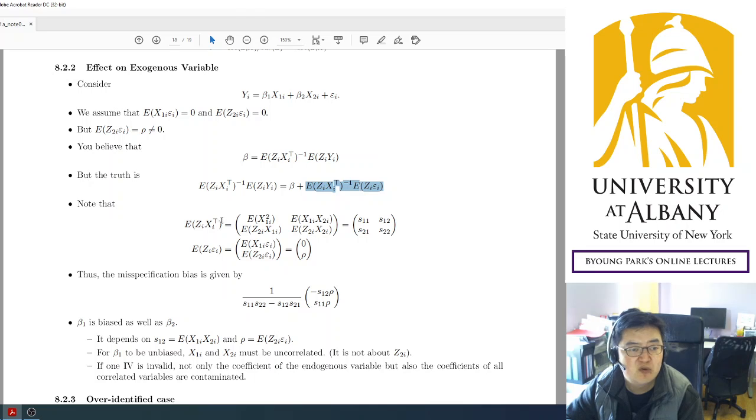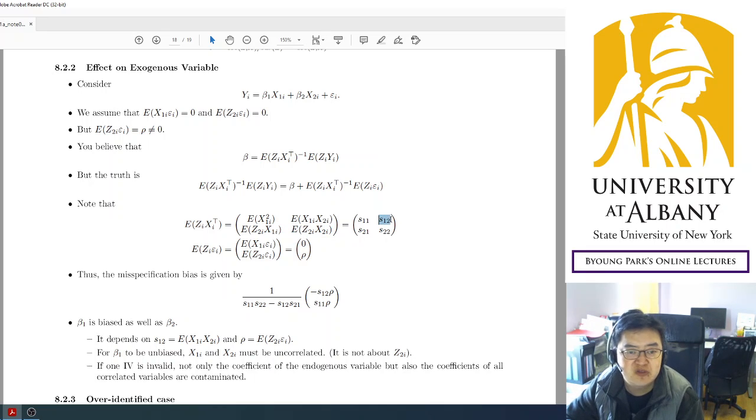We can do that. So first, as before, everything is same as before. We will define the matrix Zx prime in this way. So now, remember, S11 is the variance of x1, and S22 is now the covariance between Z2 and x2.